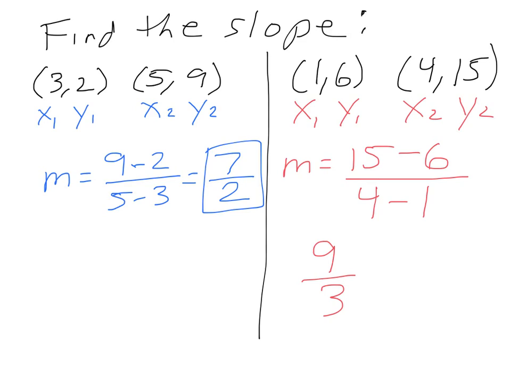So we got 9/3, but that's not the final answer, because you still have to reduce your fractions. 9/3 reduces down to 3 over 1. So you should have gotten 7 over 2 for your first answer and 3 over 1 for your second answer.